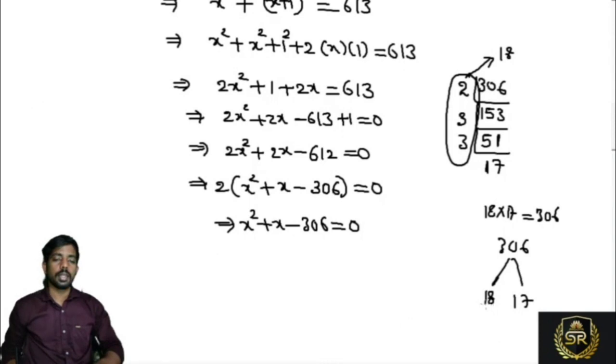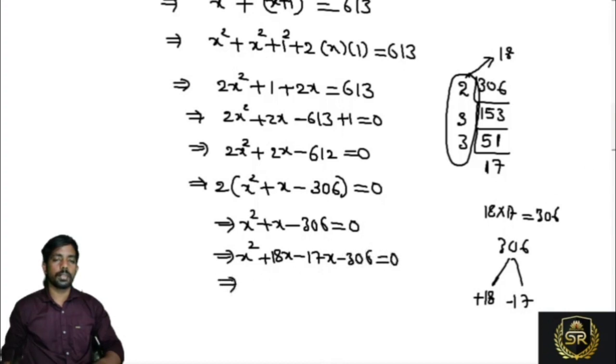So with 18 and 17, if I take plus 18 and minus 17, I can get plus 1, right? So from here I write x square plus 18x minus 17x minus 306 equals 0.